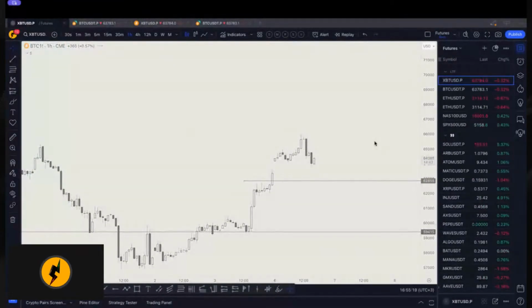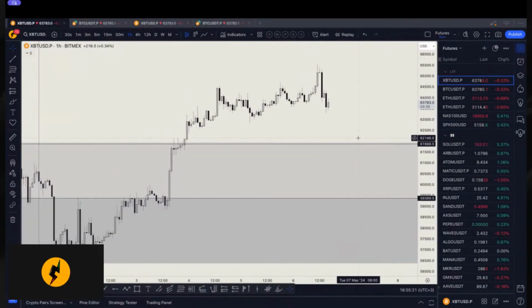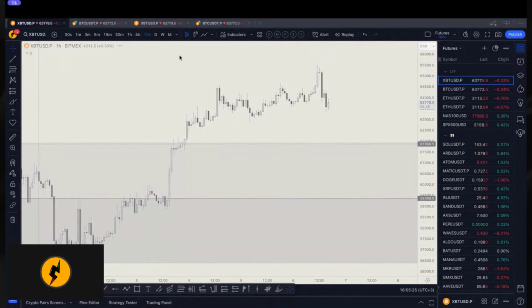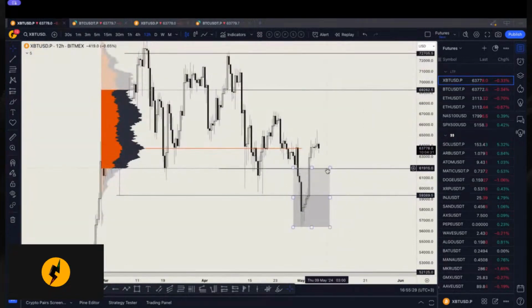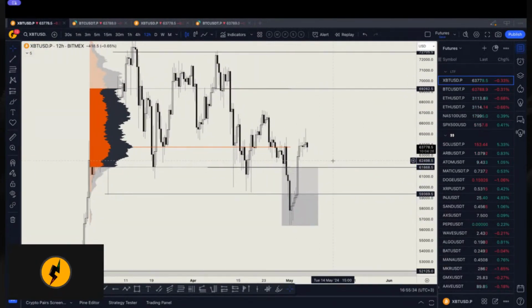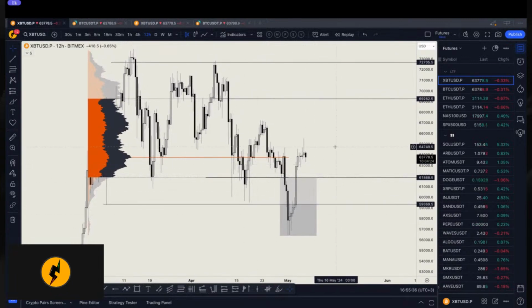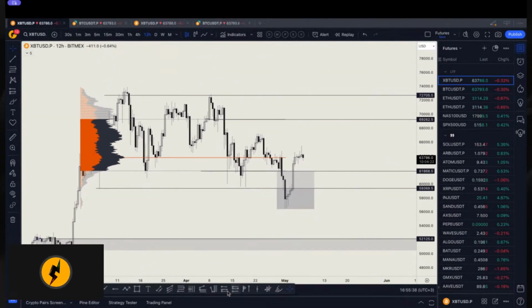But my levels are, about 61,800 is the level that I'm watching, for a retest of the value area low. So this is what I'm looking for on BTC.